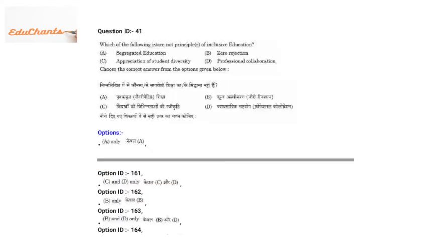Next, which of the following is or are not principles of inclusive education? Segregated education. Segregate means to separate. No, it is not a principle. Zero rejection: we will not reject anyone, so any student coming to the school will never be rejected.